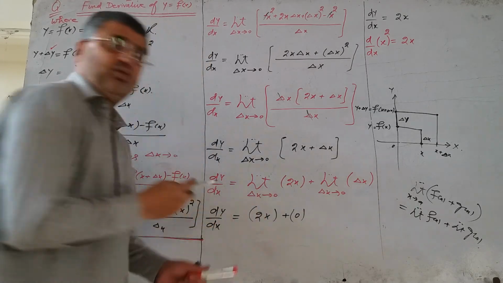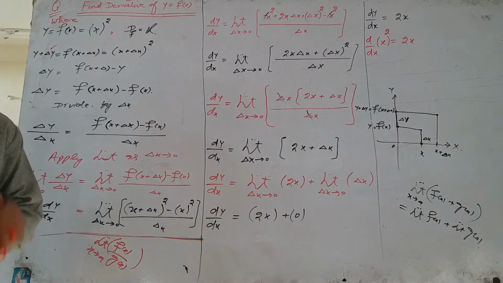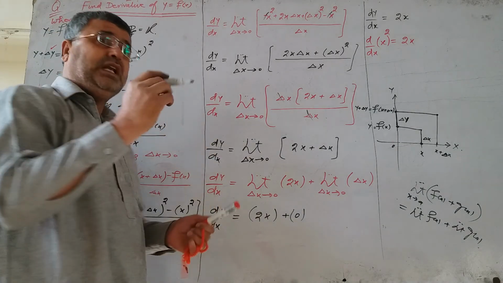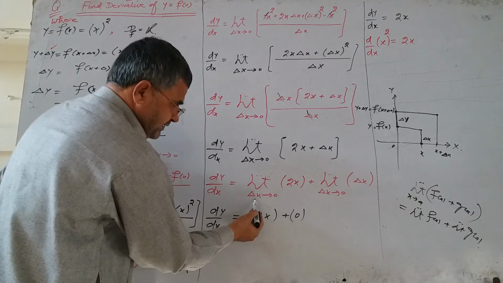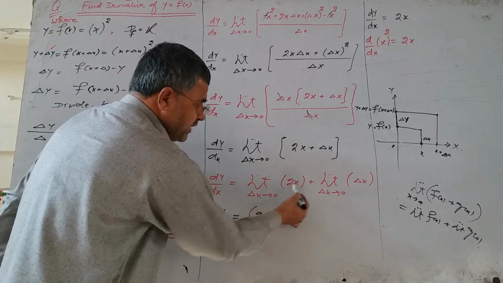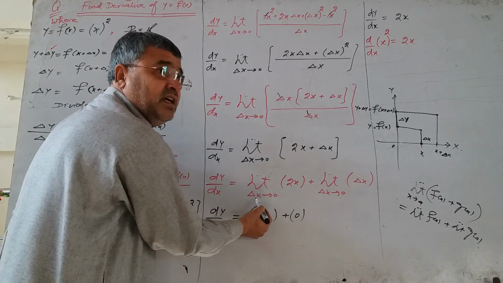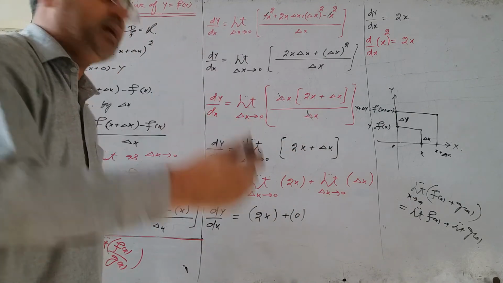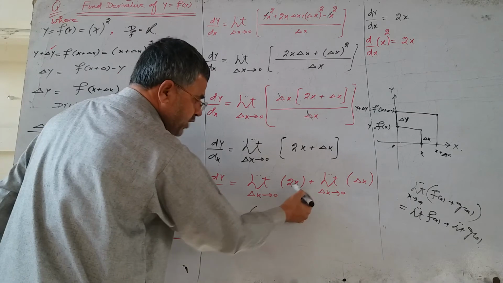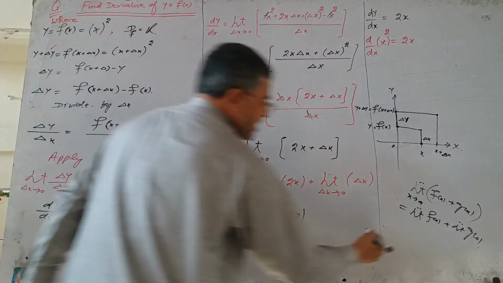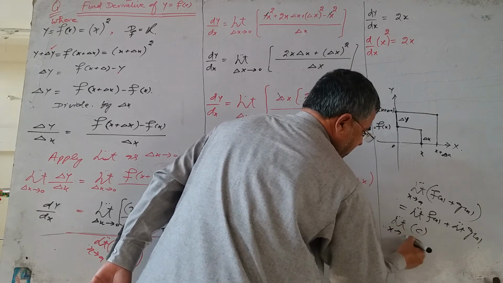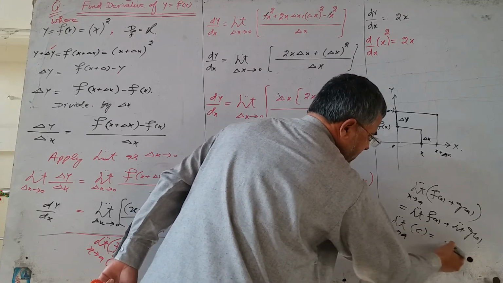Now, in the range of the limit, there is only the variable del x, and 2x with respect to the limiting value is a constant. Therefore, the limit of 2x is the same, 2x, as explained in our previous lecture, that the limit of any constant is equal to the constant.